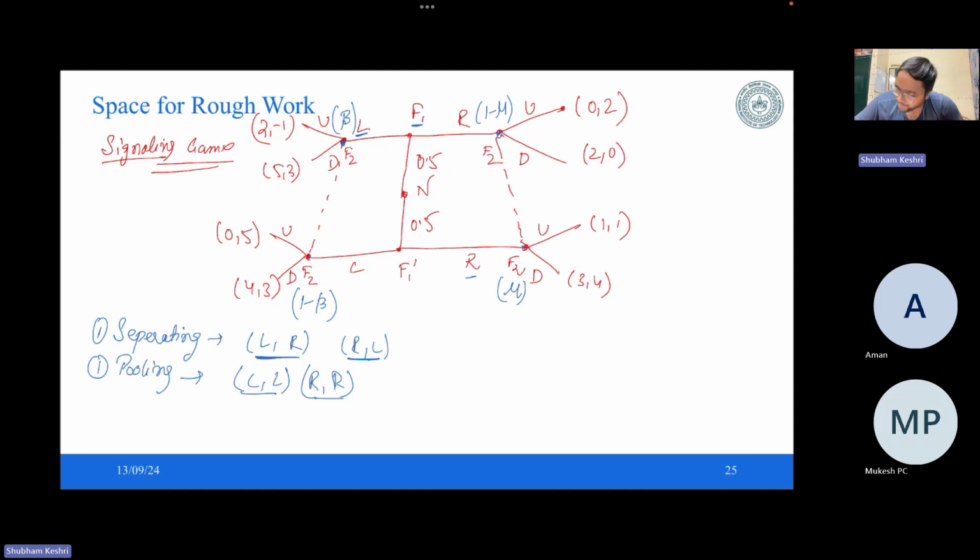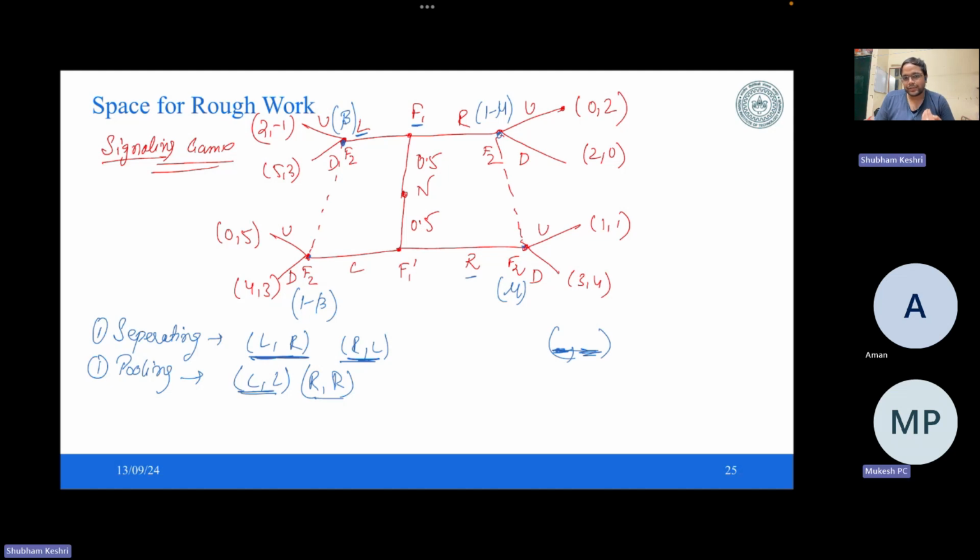So this is how we wrote strategies. In the Battle of the Sexes game, we also wrote two-tuples. If the girl is of type A, she will play this. If the girl is of type B, she will play this. So the strategy of the firm can be LR, RL, LL, or RR.